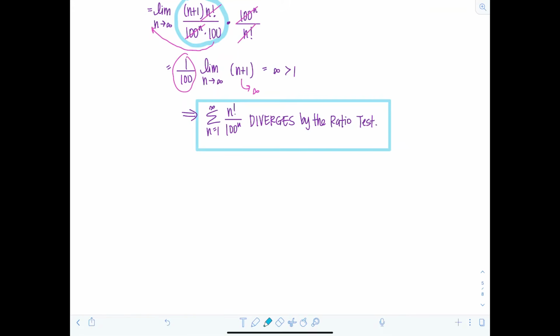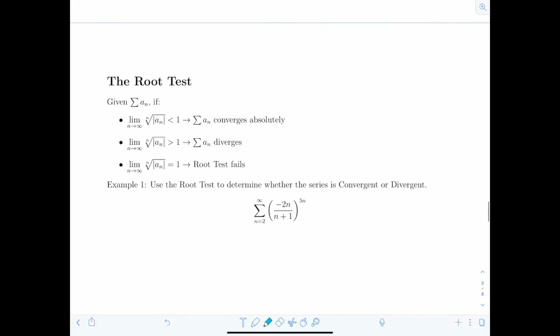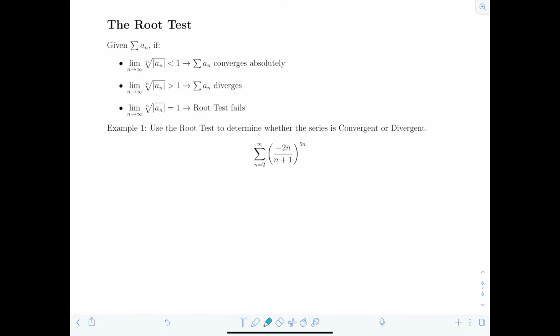Ready to add another test to your bag of tricks? So the next test in this section is the root test. The root test states the following.